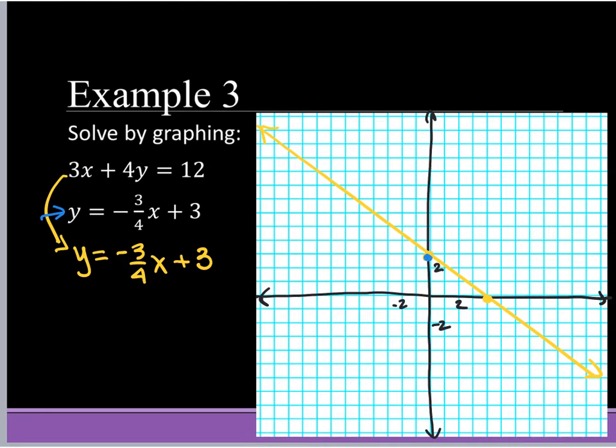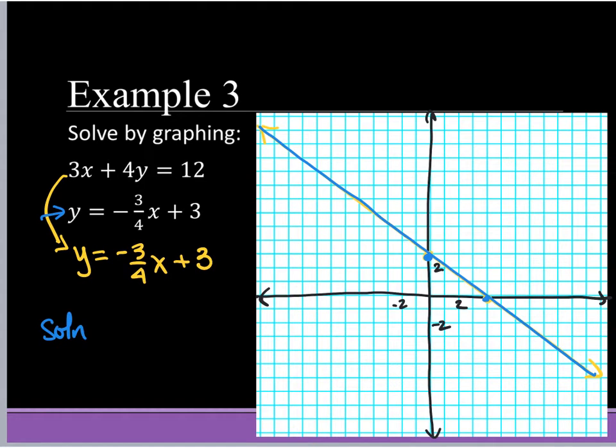Again, I'm going to start out at a positive 3 for my y-intercept. I'm going to go down 3 and right 4 units, which is going to put me here. And if you notice, when I connect these points, it's going to put me right over top of that same yellow line. So in this case, I just graphed the same line onto each other.